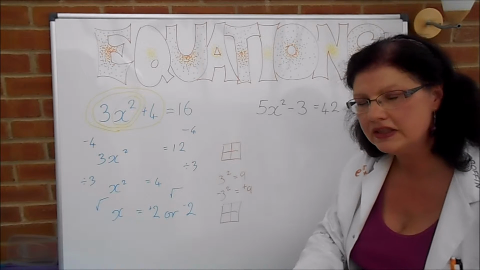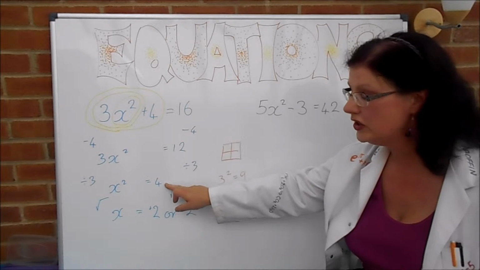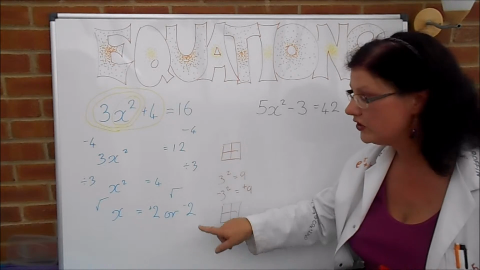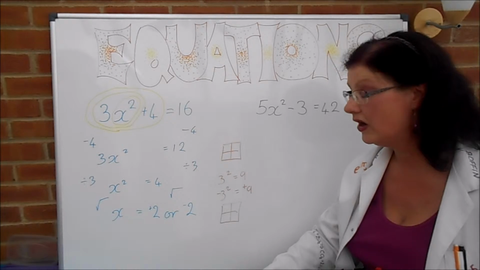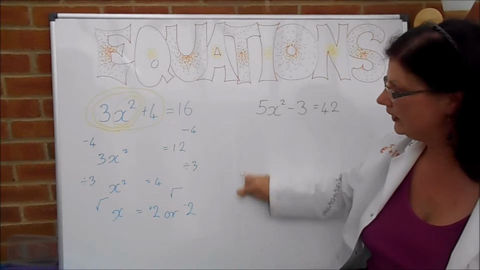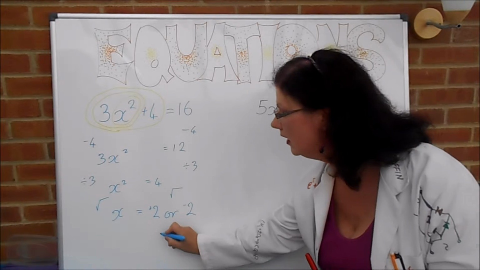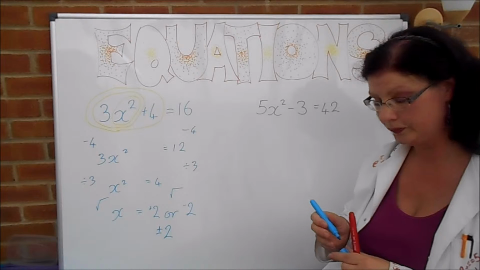The corollary of that is, if you're square rooting something like 4, it could have been 2 squared gives you 4, but also negative 2 squared gives you 4. There are 2 answers. We actually have a little symbol that we use sometimes. So you can write that as plus or minus 2.